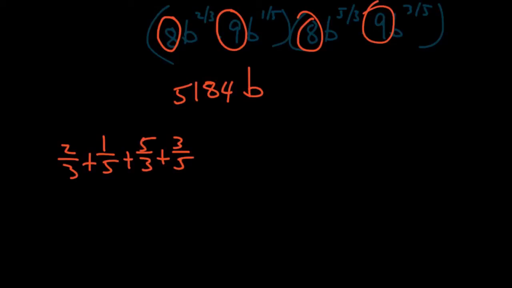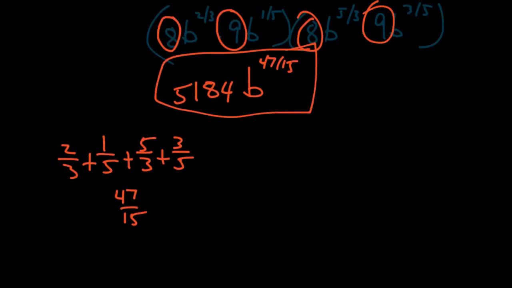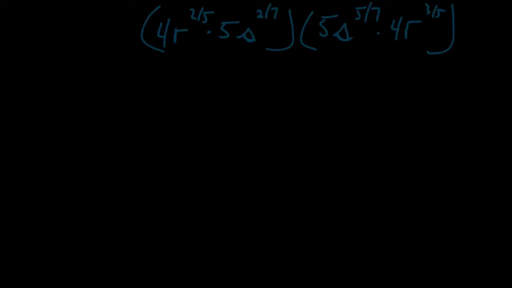On a calculator, when you add up those fractions, you get 47/15. So that means that it's 5,184 b raised to the 47/15 power. And that's it. All we did here, just like the other problems, was multiply coefficients and add exponents, it just came out with uglier numbers.